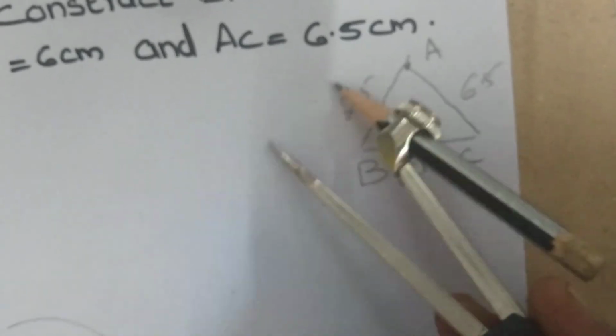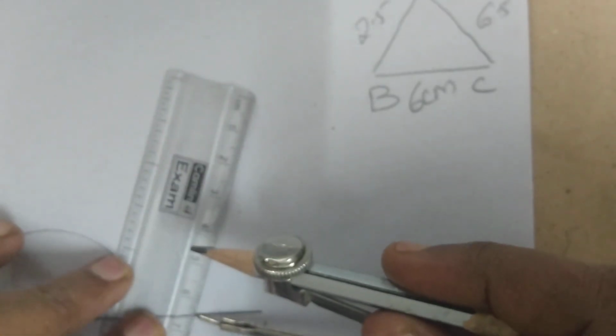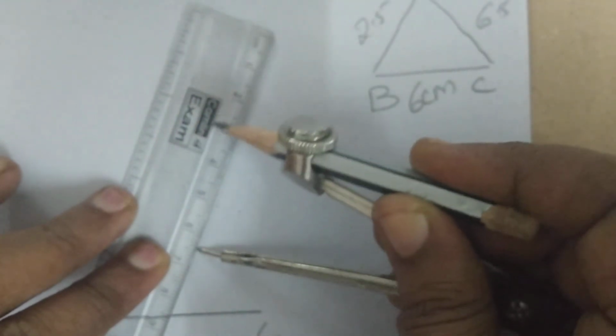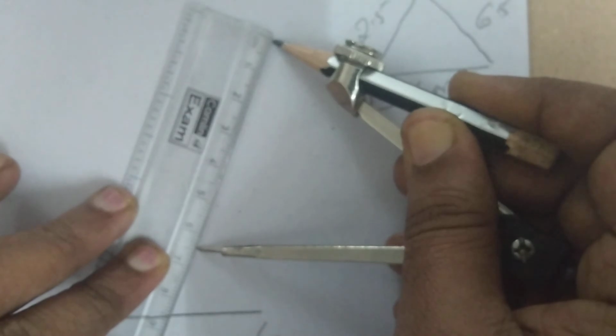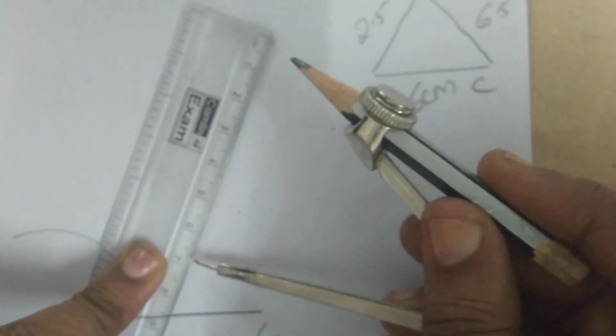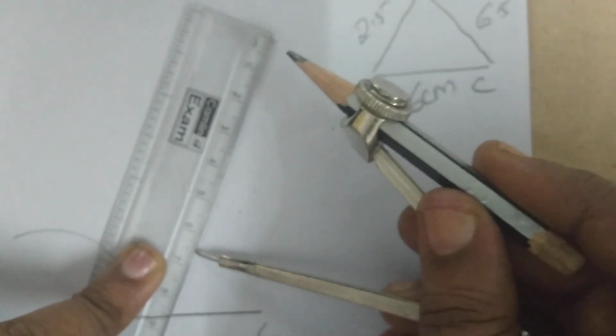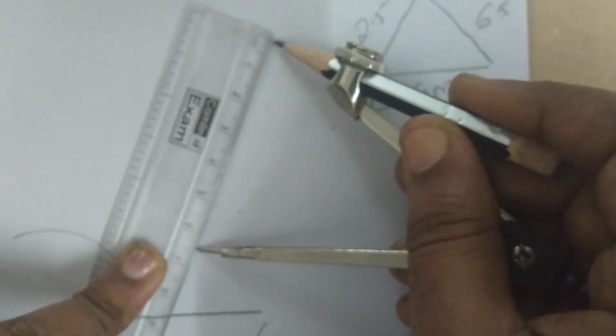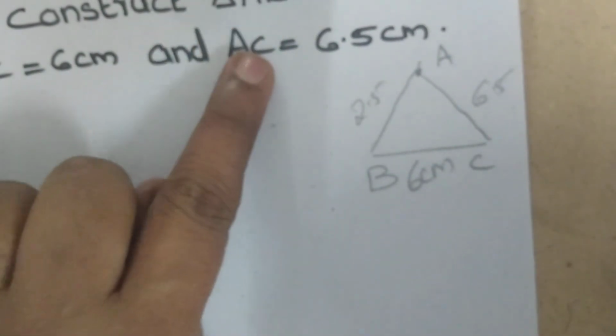AC value is 6.5. So again use scale and compass. Take 6.5 centimeter: 0 to 6, between 6 and 7, there are 10 divisions, and the fifth line represents 6.5. Then for AC, here also A is unknown, but point C we know.